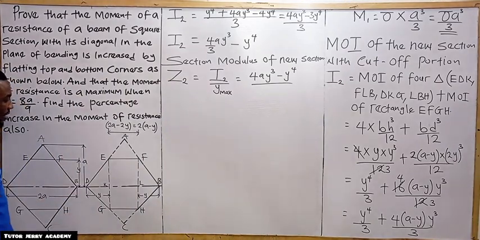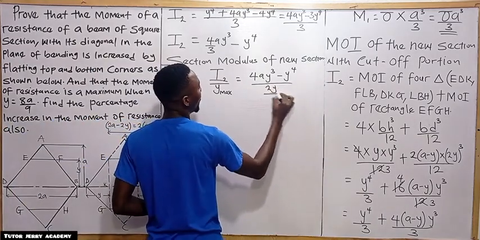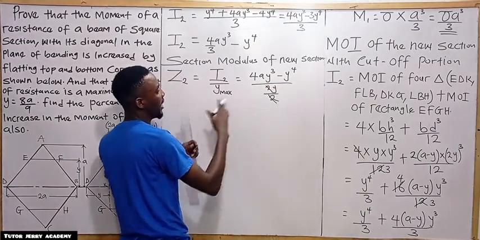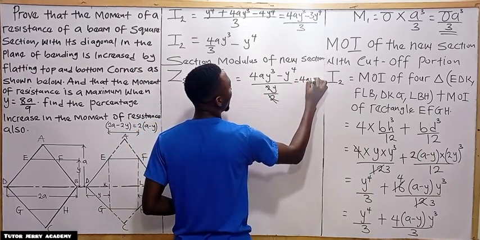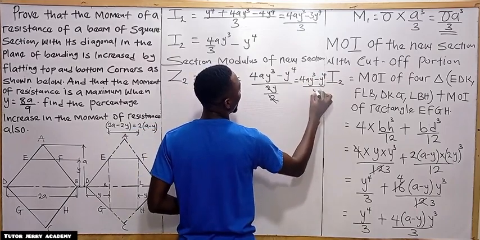The depth of the rectangle is 2y, so it's going to be 2y divided by 2. 2 will go with 2. And again, we are going to be left with 4a y to the power 3 over 3 minus y to the power of 4 over y.